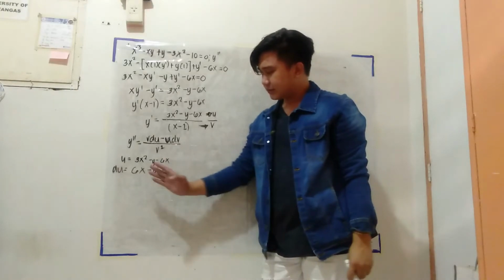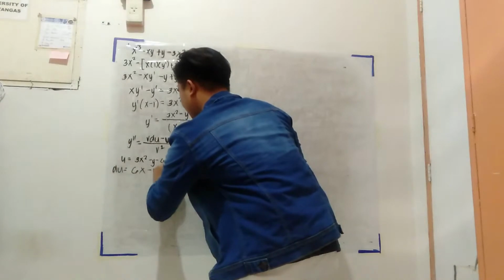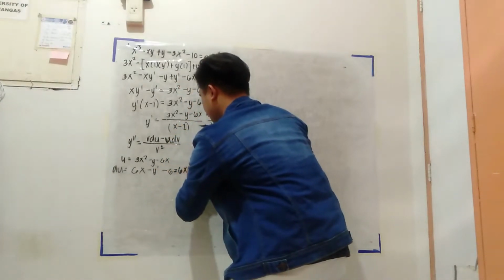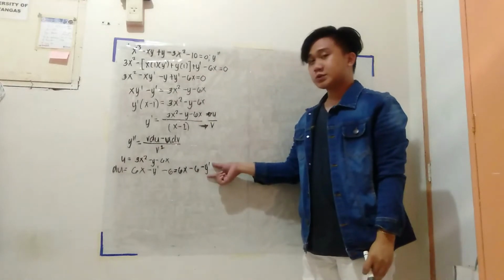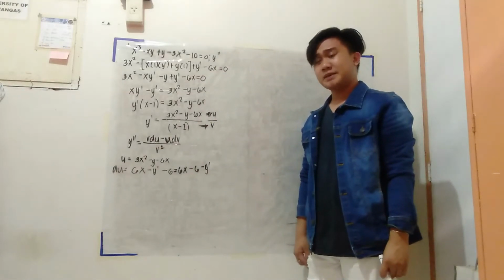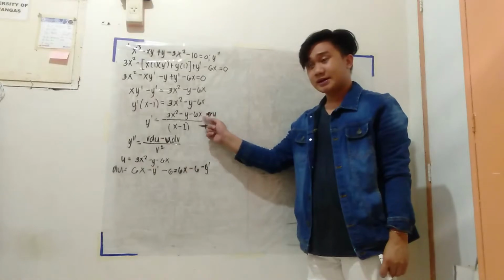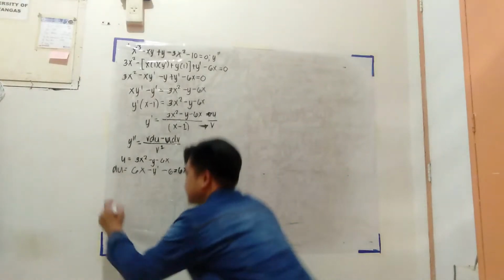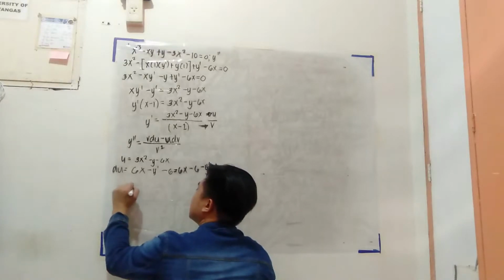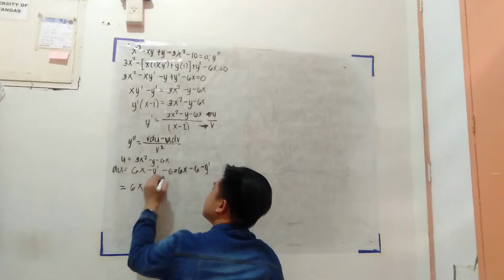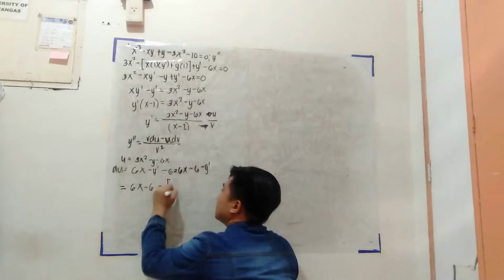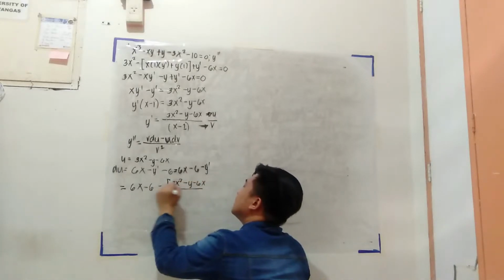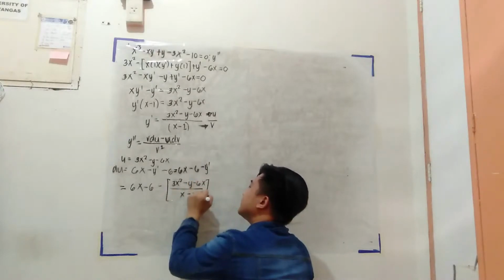So kung titingnan nyo, pag nire-arrange ko to, di ba equal lang to sa 6x minus 6 minus y prime. But what is y prime guys? Diba ito? So palitan ko si y prime nito po. So this is equal to 6x minus 6 minus 3x squared minus y minus 6x all over x minus 1.